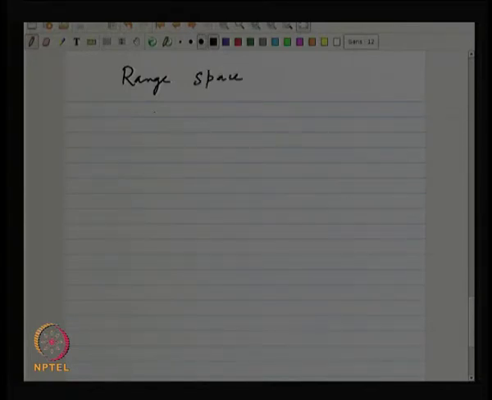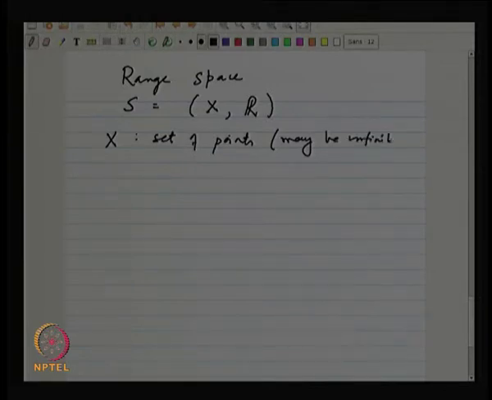A range space S is a tuple (X, R), where X is a set of points, maybe infinite, and R is a family of subsets of X. Normally we will be talking about a finite set of points.